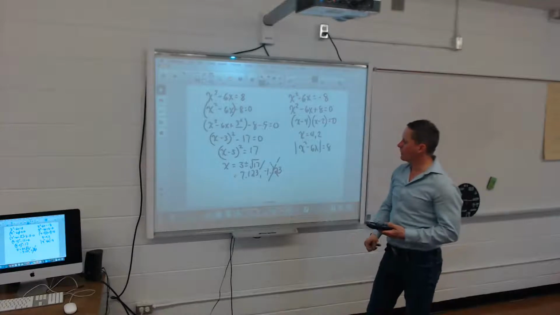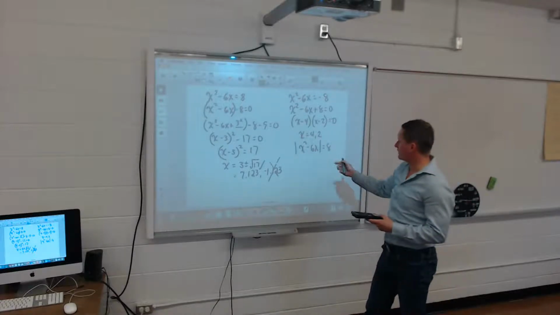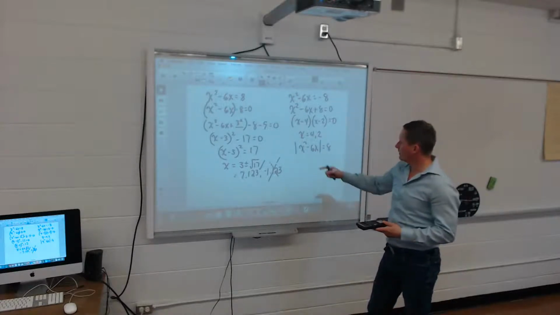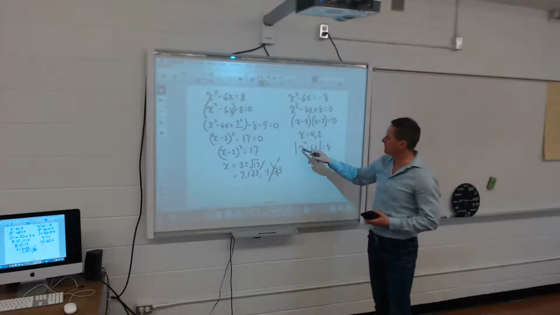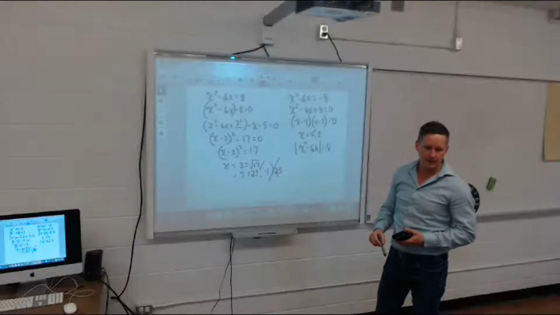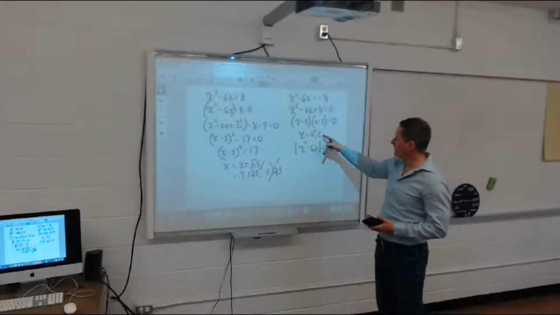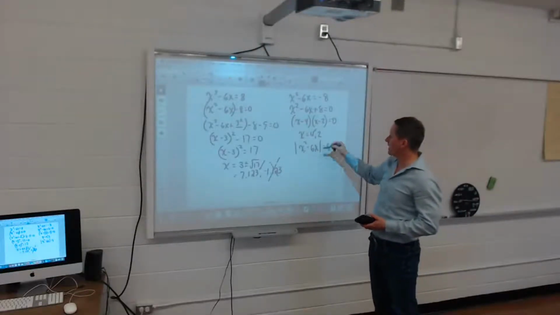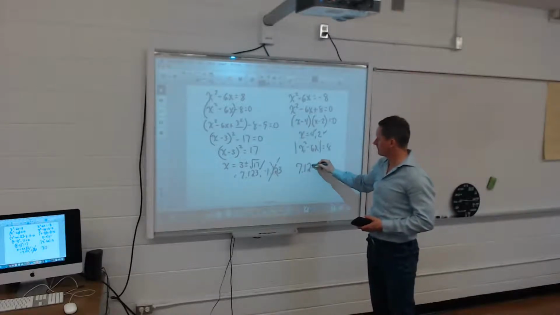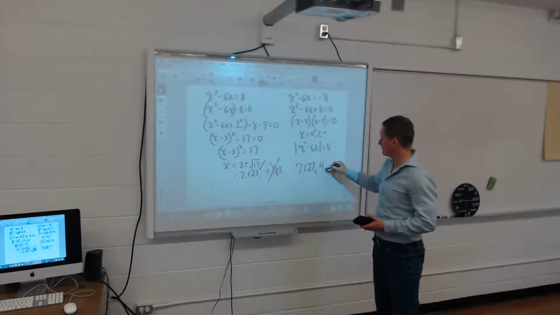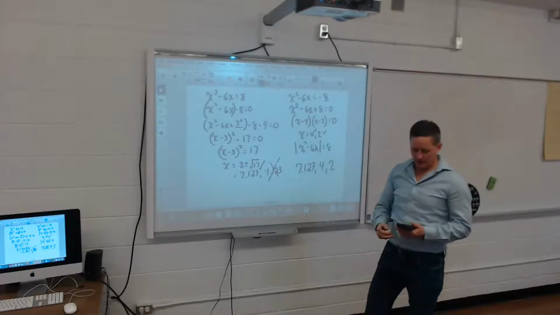It was also not greater than 0, so we could have figured that out. And then over here, I'm going to put in 4 squared, which is 16, and then 12 is again negative 8. They both work. So those are your solutions for all of this.